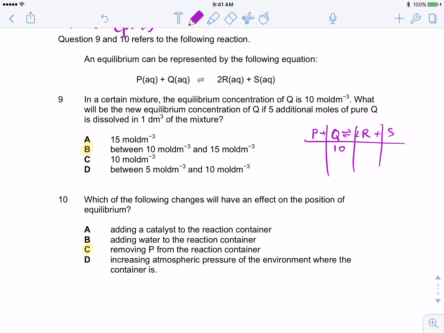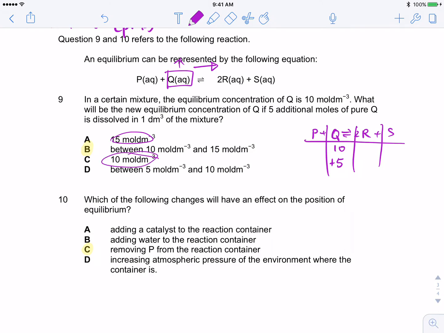If I add 5 additional mole, what will happen? Now when this concentration is increased, it will shift right such that I will try and use up some of the increase in concentration of Q. Hence, it will not be 15 because some of it will be used up.